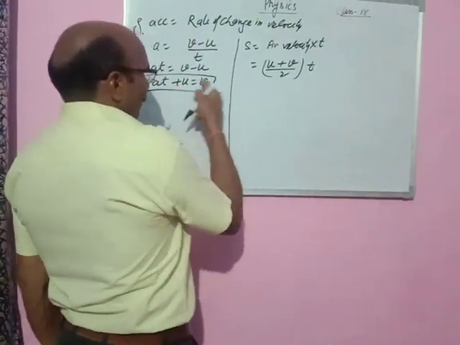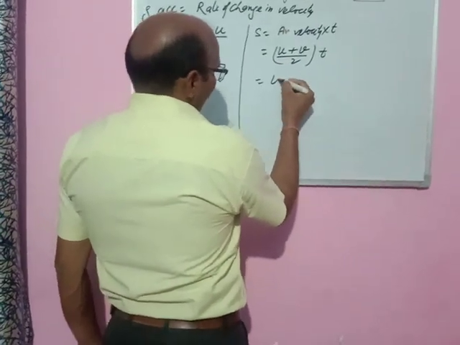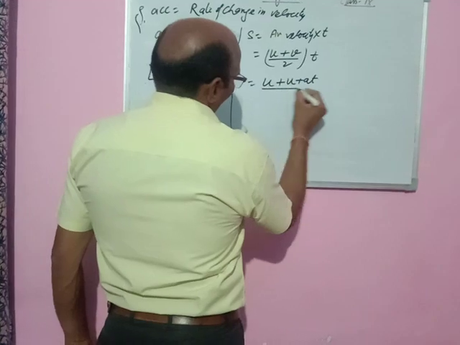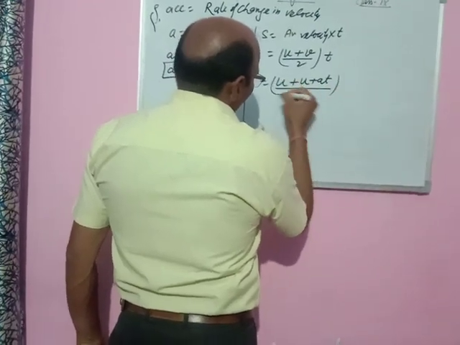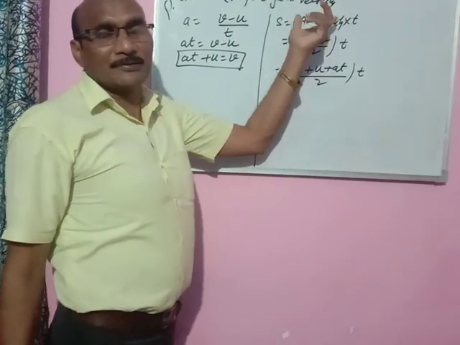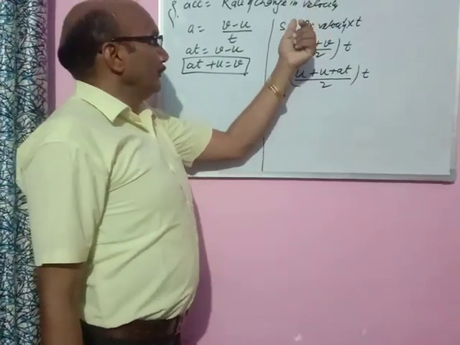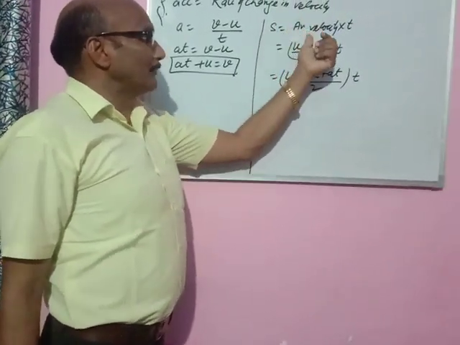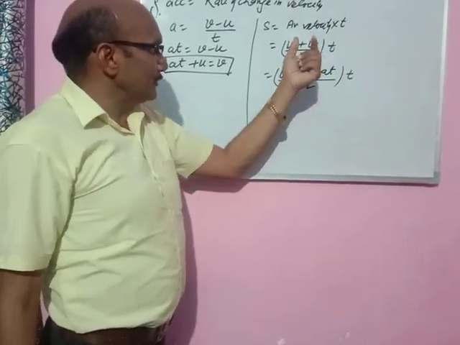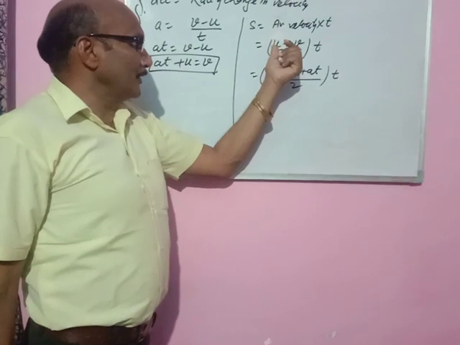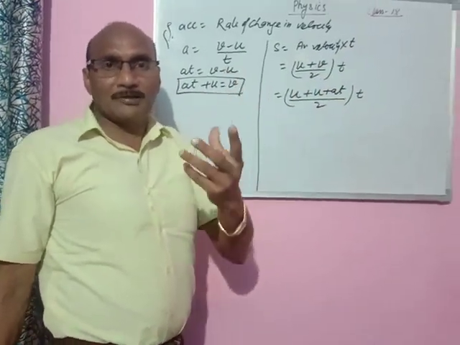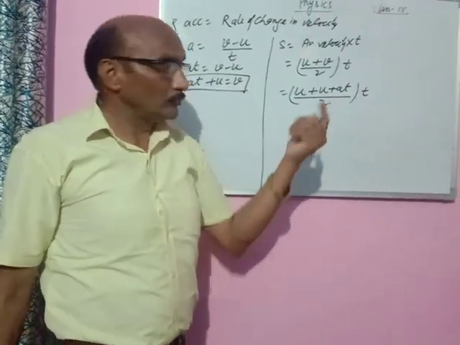Average means the two velocities are added and divided by 2.